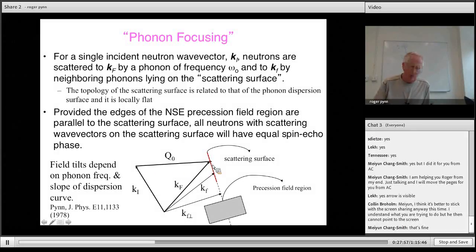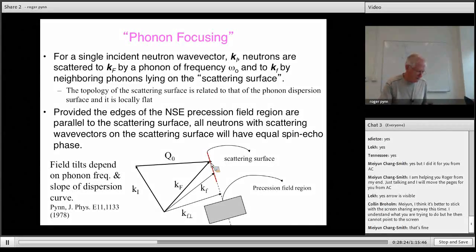Now I'm assuming that I've set up my triple axis spectrometer so that I'm looking at a phonon when I've got my instruments set up like this, where the Ki and Kf give me this Q0 vector. Now there's something called a scattering surface.